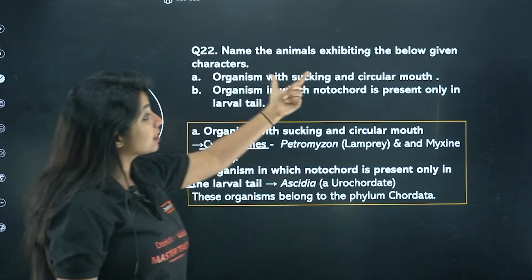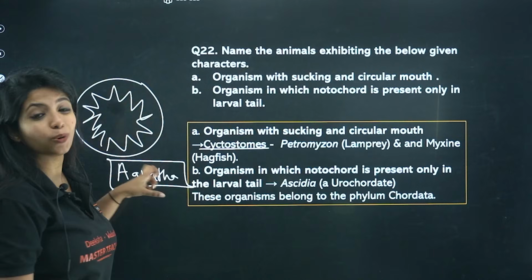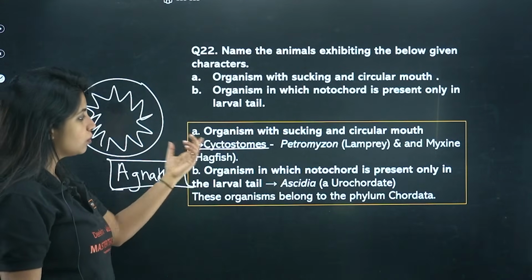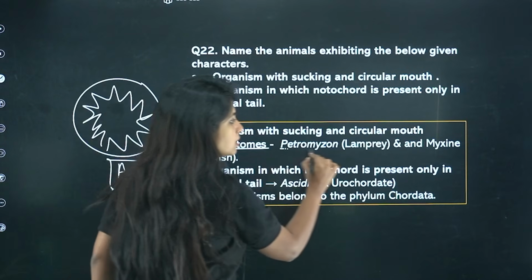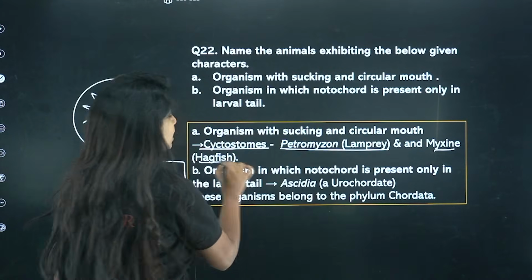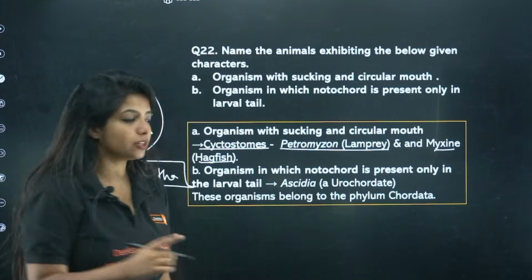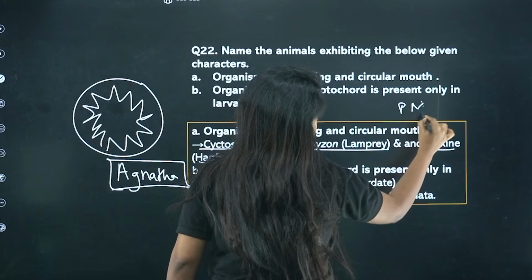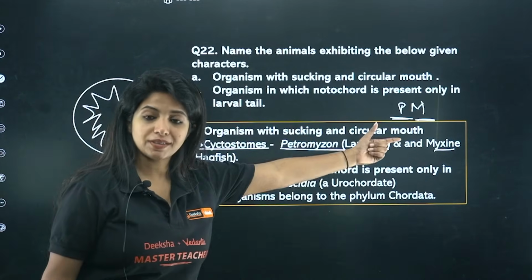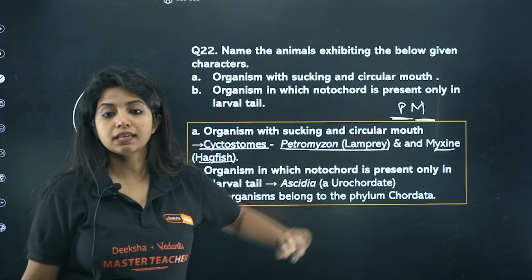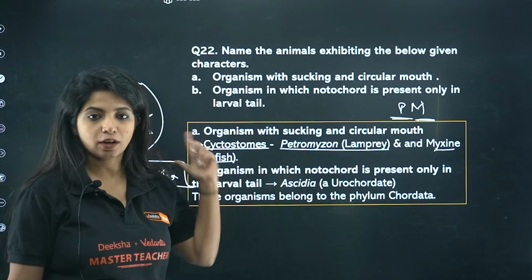So an organism with sucking as well as circular mouth is known as agnathans, or you particularly call them cyclostomes. The examples for them are petromyzon, lamprey, and also myxine, that is hagfish. Petromyzon, PM, Prime Minister. Petromyzon as well as myxine. Cool? You call petromyzon lampreys, and myxine hagfish. So cyclostomes, I hope it's done.